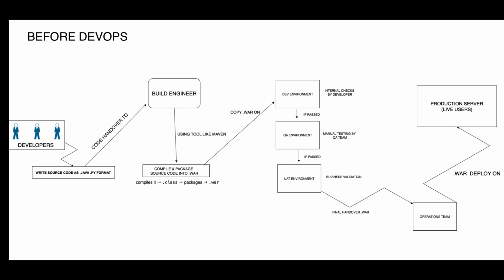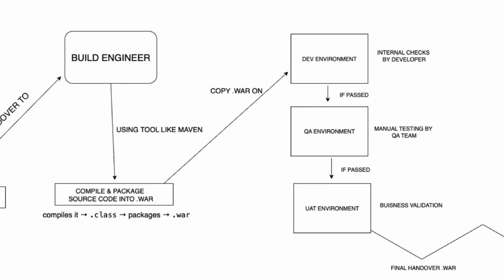Then the whole process needed to start from the beginning to fix the bug. In this scenario, conflict arose between testers and developers. Developers say the code is working fine on my machine, but testers say it's failing in QA and UAT. Testers say the feature is broken. Developers say you must be testing it wrong.